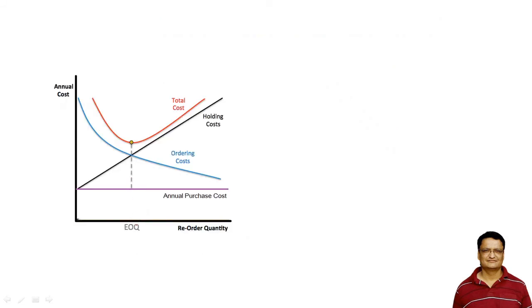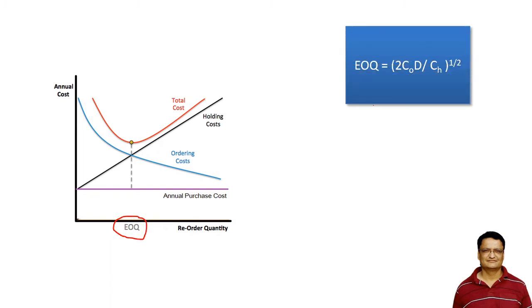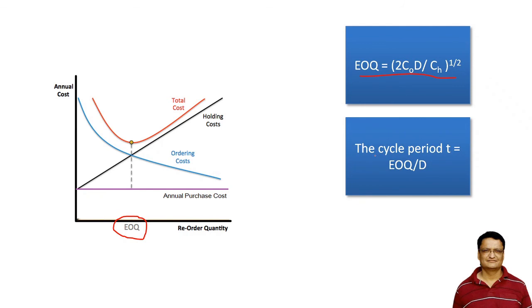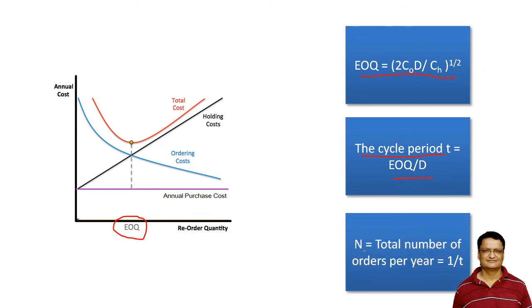So how do I calculate this EOQ, that is economic order quantity? The formula is given over here. With the help of this formula you can find out the EOQ, and you can also find out the total cycle period with this formula, and this will be the number of orders you are required to place per year.